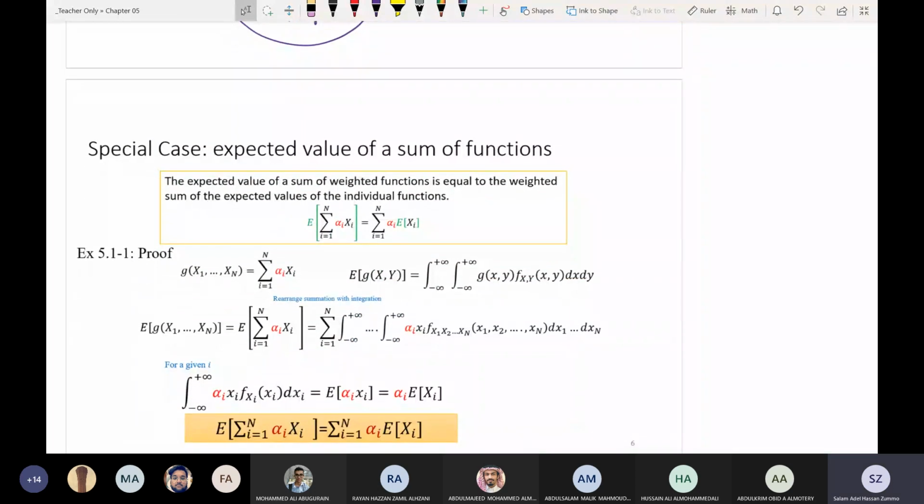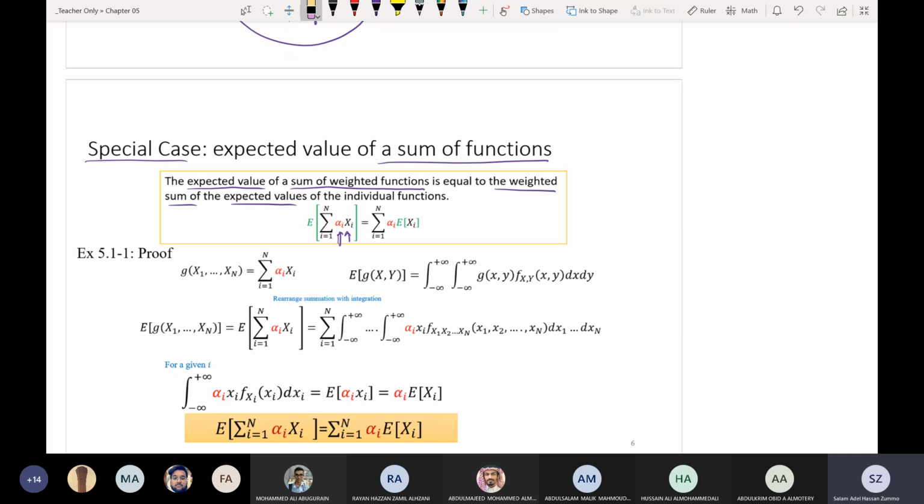Okay, let's see when we have a sum of functions. So this is like a special case. Expected value of a sum of weighted functions of random variables is equal to the weighted sum of the expected values. Let's see what this means. So let's see expected value of summation of alpha i xi.